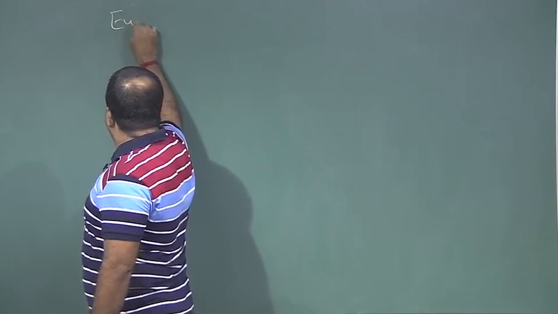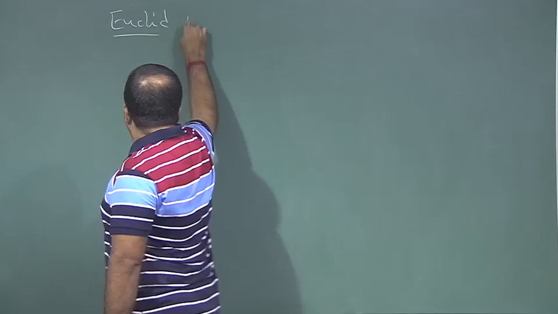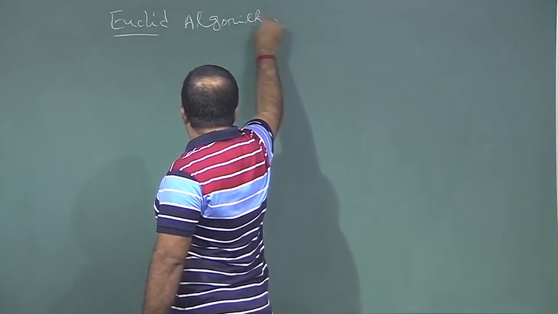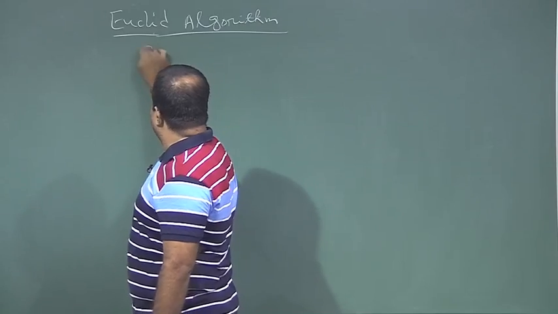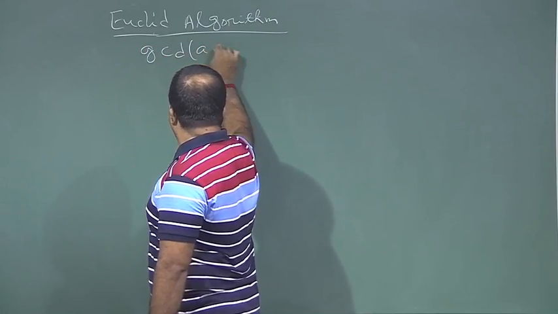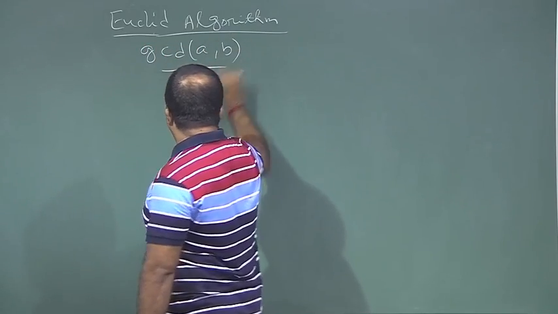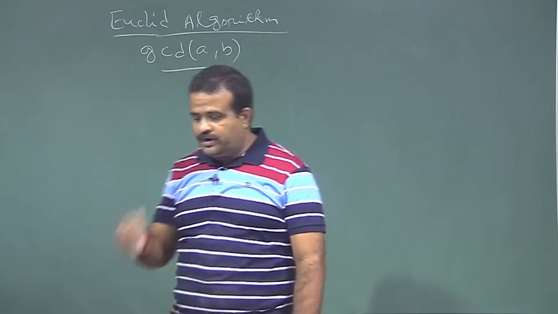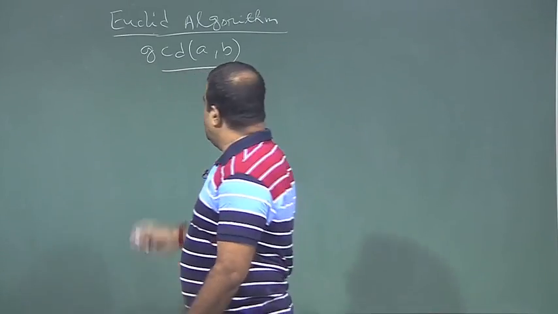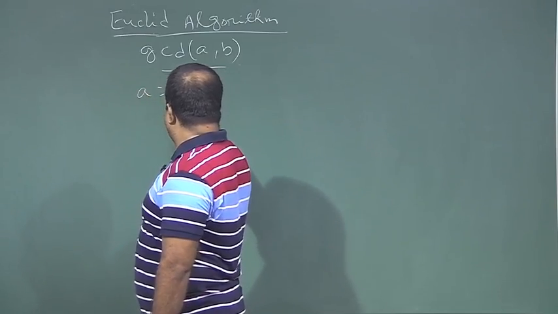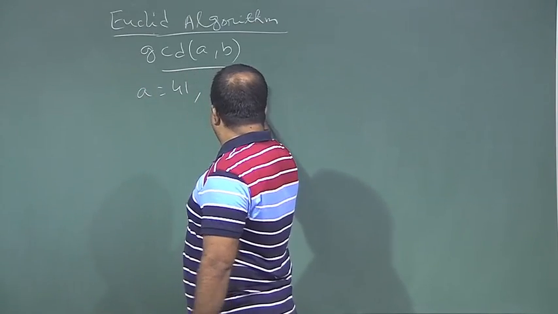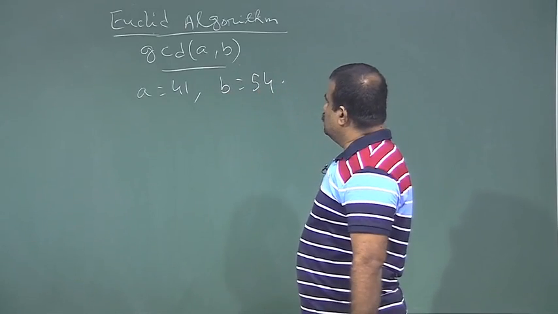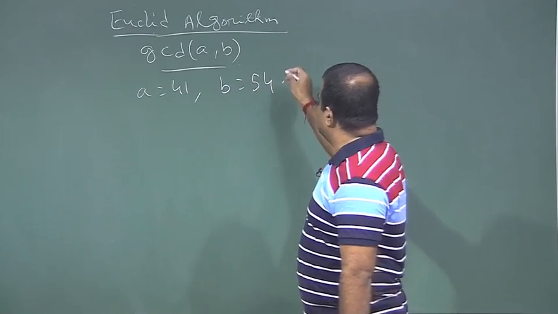We know the Euclidean algorithm. It is basically finding the GCD of two integers a, b. Suppose a is 41 and b is 54.